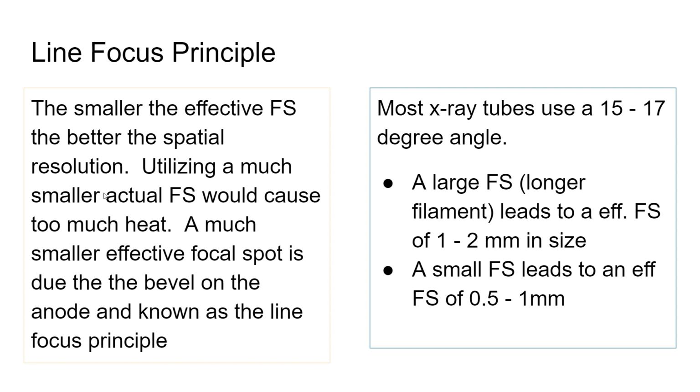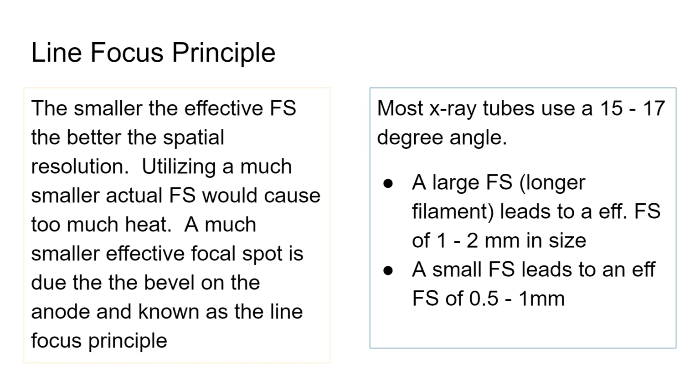Utilizing a much smaller actual focal spot would cause too much heat. So if we try to narrow the beam on the actual focal spot, so if we tried to make this smaller, right, so that this was like this, right, then sure, this would end up getting much smaller too, right?